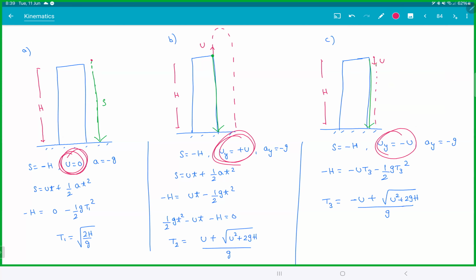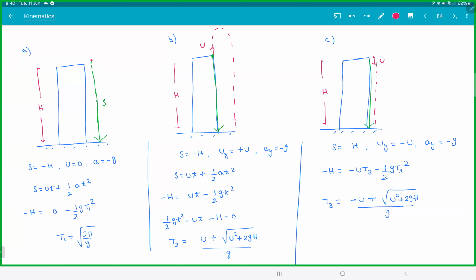Whenever you solve these problems, don't try to mug it up. Just remember the displacement is minus h. The velocity will adjust the time. Have a look at the answers. You know displacement, you know velocity, you know acceleration. You need to find time.